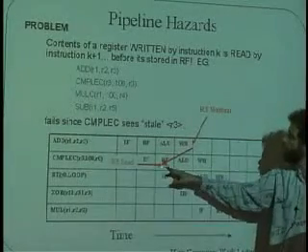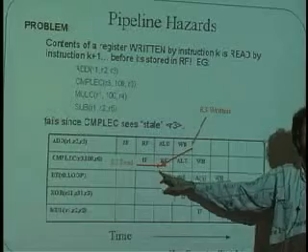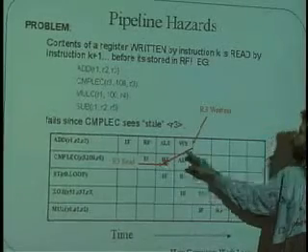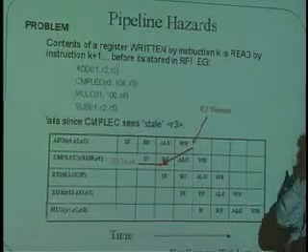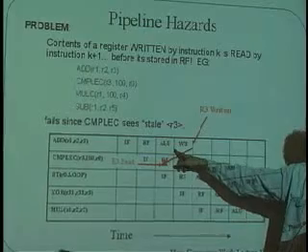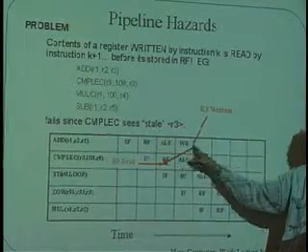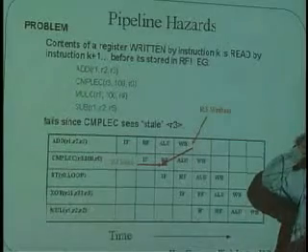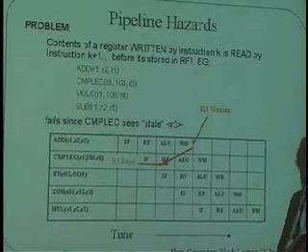And as a result, it's going to read R3 in its register file read stage before we write R3 over here. And so which R3 are we going to get? The R3 before this instruction went on, or the one that was after? The one before. So you scratch your head and you say, oh my God, this is terrible.